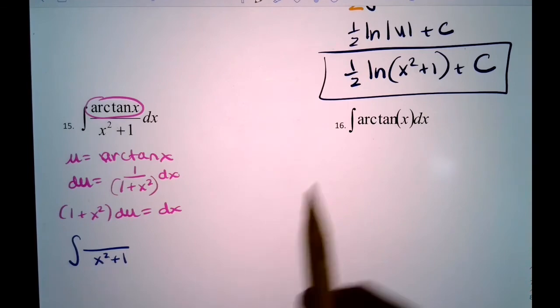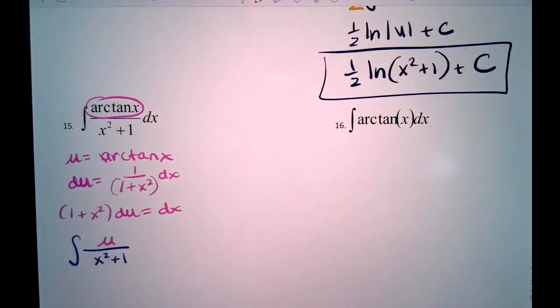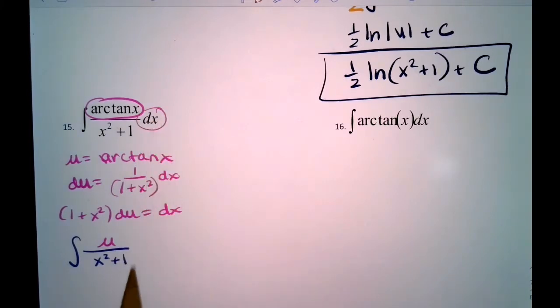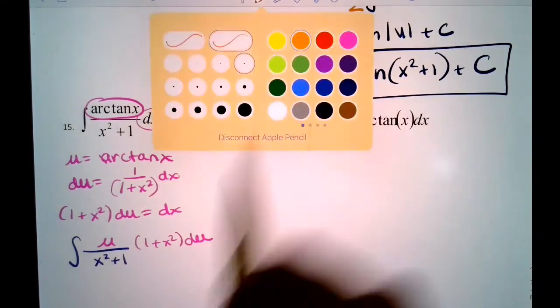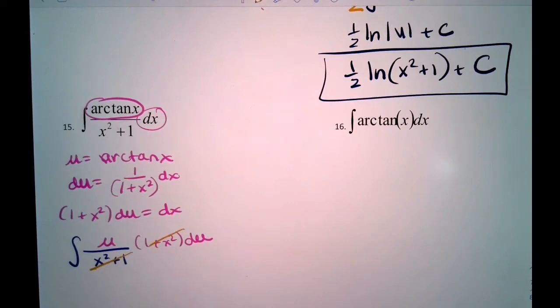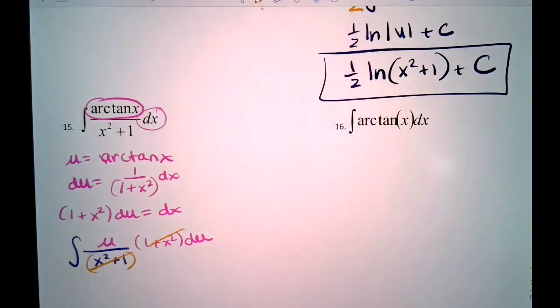I totally ignored that denominator, but I replaced that whole numerator with u. The swap out for dx is 1 plus x squared du, which is perfect because these two completely cancel out. That is legal. They swap out. And so I am left with just this power rule, the integral of u du.